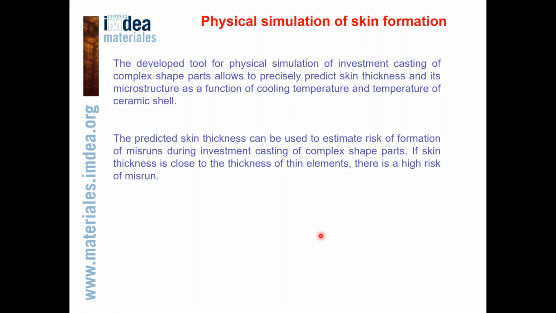If the skin thickness is close to the thickness of thin elements, then there is a high risk of misruns because the molten metal will fully solidify, not having filled the interior of the thinnest elements of the ceramic shell.